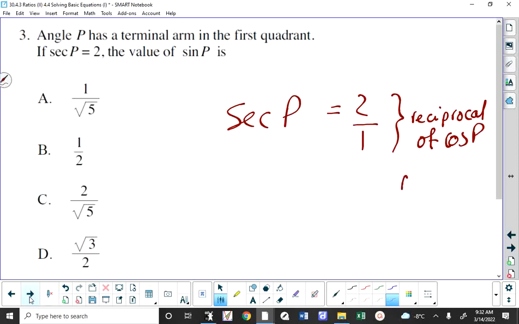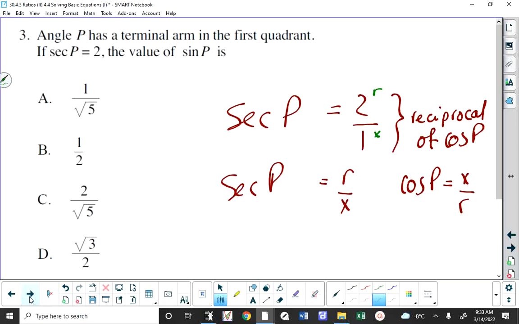And cosine of p is defined as x over r, which means that secant of p is r over x. Which means that this is r and this is x. Those are not exponents, obviously. I'm just slapping some labels on there.